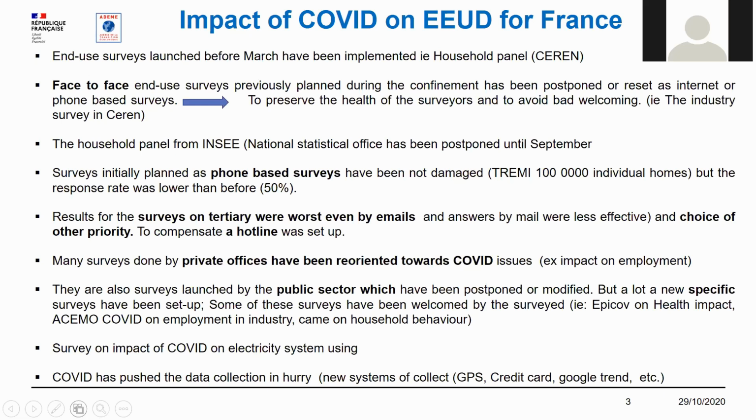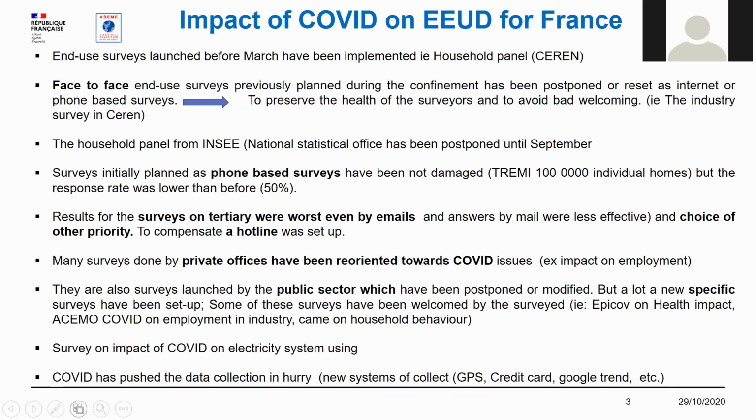What is interesting, as a sort of mini conclusion, is that COVID has pushed data collection in a hurry. You know that IEA likes this word, electricity in a hurry, etc. So in fact, it pushed statisticians to use new types of data collection methodology.